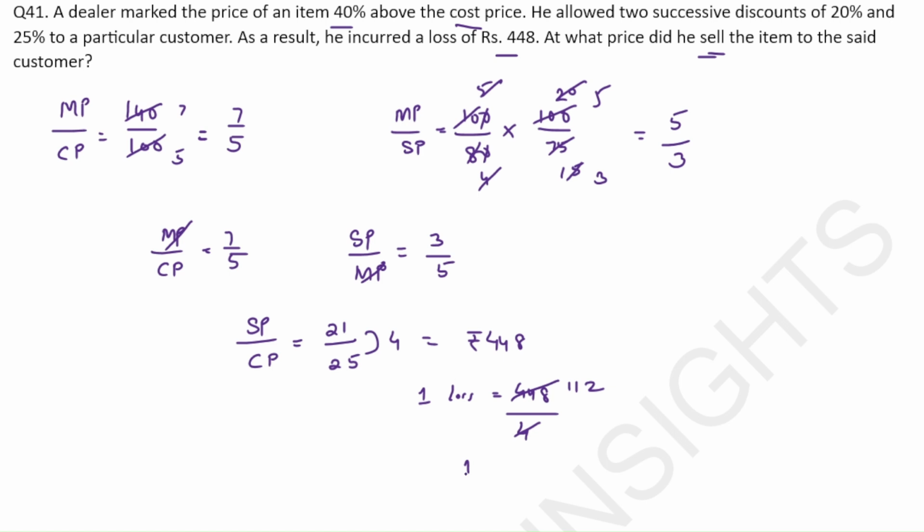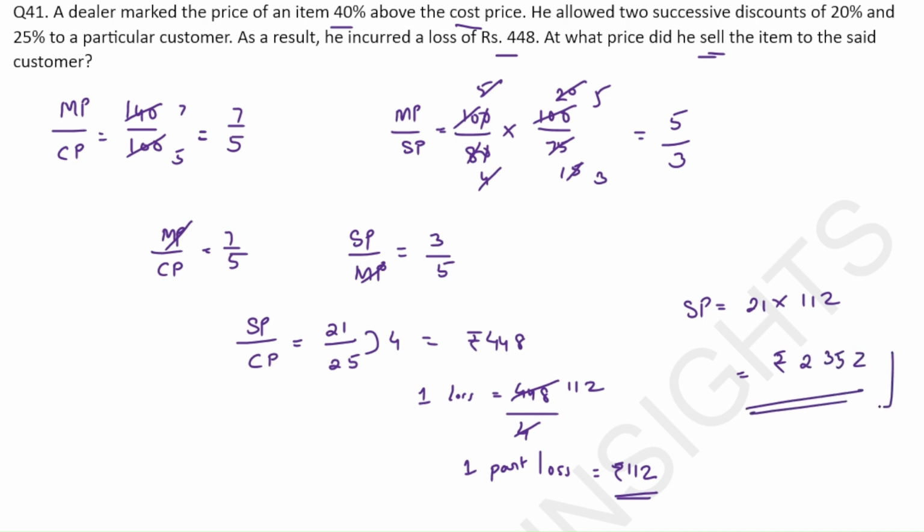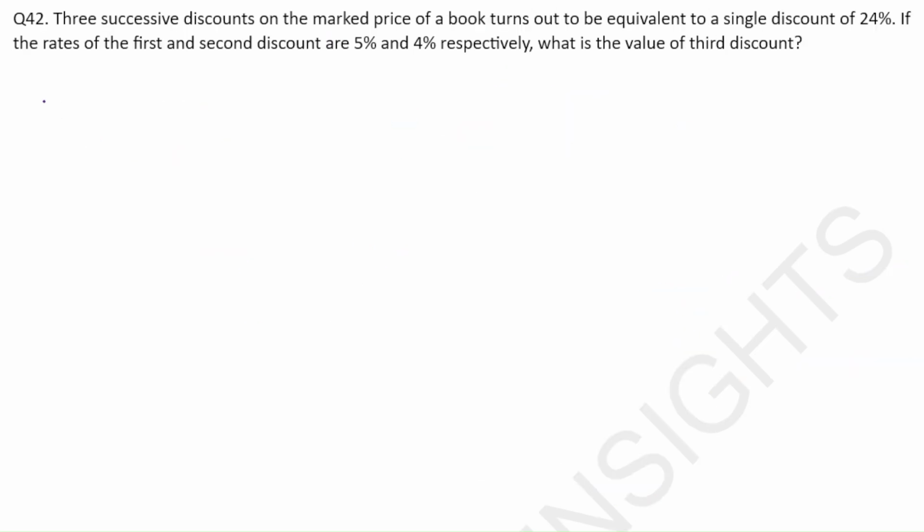So that means one part of loss is rupees 112. So selling price is 21 parts. So selling price is how much? So 21 parts into 112 will be how much? If you multiply 21 into 112, you will get rupees 2352 as the selling price. Okay, so this is how we solve this type of question. So let's go to the next question.